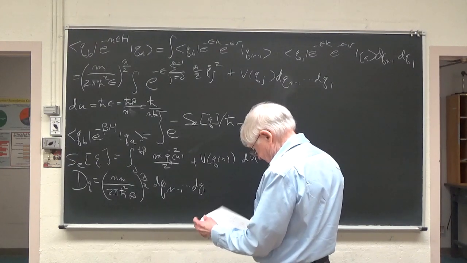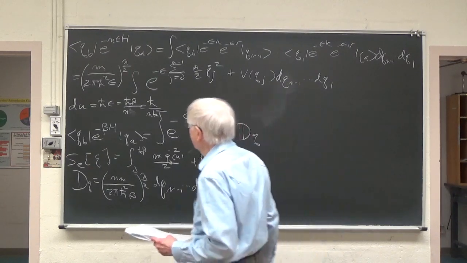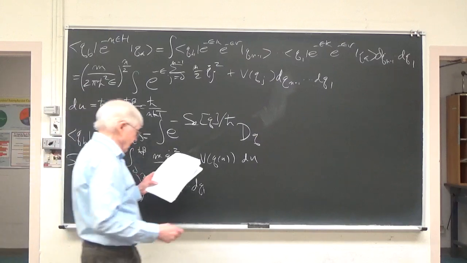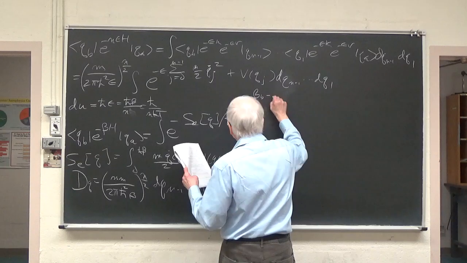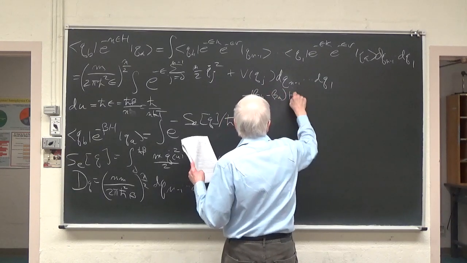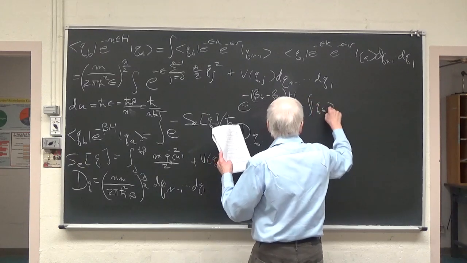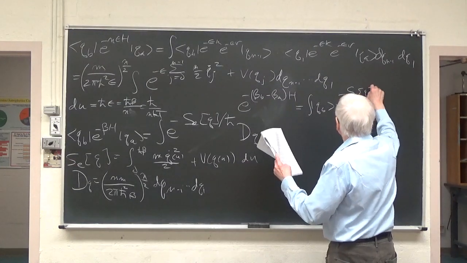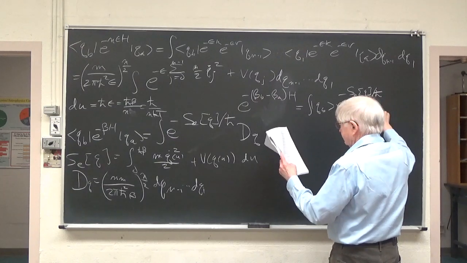Okay, so that's the path integral for the Boltzmann operator. In fact, if one writes the Boltzmann operator itself, then you have e to the minus beta b minus beta a times h is an integral qb e to the minus se of q over h bar qa.